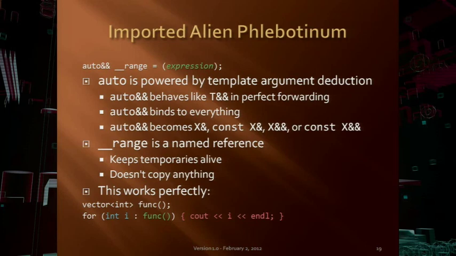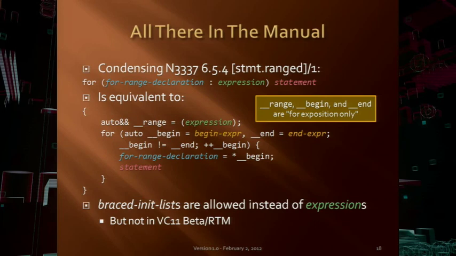So this is great. This means if I've got a function that's returning a vector of int by value, then I can say for every int i in, and then call the func right there, and then go print out the i. And by storing it in this auto-ref range, I'm suspending that temporary in midair for the lifetime of this loop, and only when I hit this extra closing brace at the bottom will the temporary be destroyed. This is great.